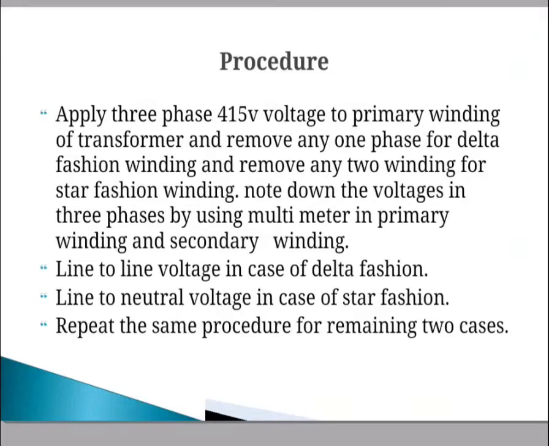Measure line to line voltage in the case of delta, and line to neutral voltage in the case of star, and repeat the same procedure for the remaining two cases and measure the voltages. While conducting this test we must remember to remove the neutral earthing of the transformer and remove all external connections of the transformer, and then conduct the test on the transformer properly.